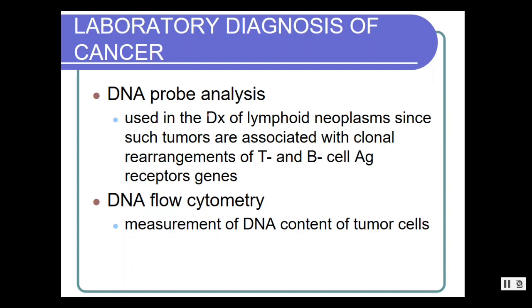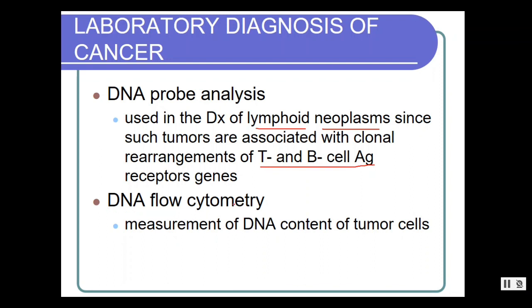DNA probe analysis is used in the diagnosis of lymphoids, so yung mga tumor in the lymphatic system, and with rearrangement of T and B cell antigen receptor genes. So for lymphoid neoplasm, you use DNA probe analysis.